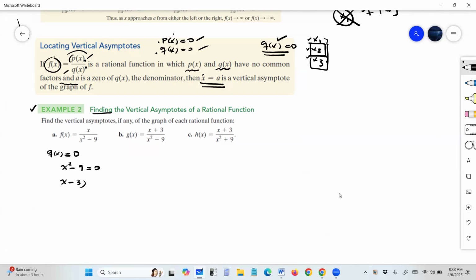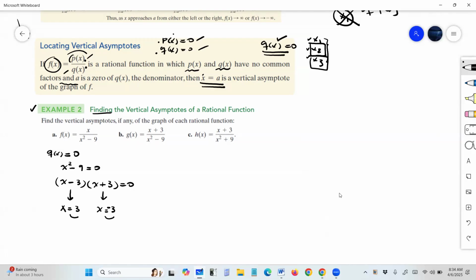We already factored this exact same denominator, and now we set each factor to 0 and solve for x. That means the root coming out of here is 3, and the root coming out of here is -3.